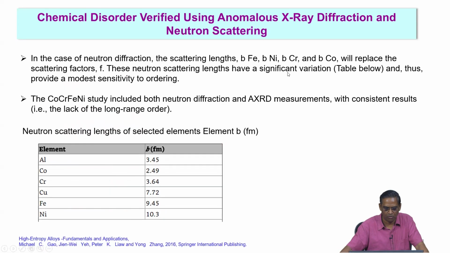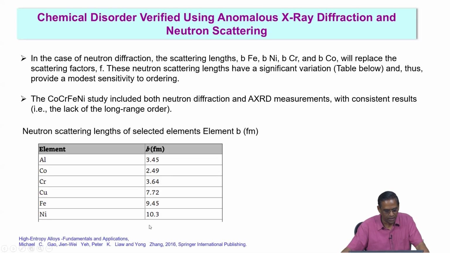That is one piece of information about anomalous X-ray. How about neutron scattering? In the case of neutron scattering, the scattering lengths b for iron, nickel, cobalt and chromium will replace the scattering factors f. These neutron scattering lengths have a significant variation, as you can see in the table.